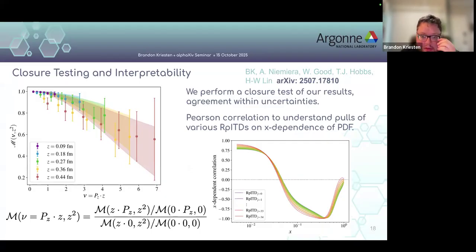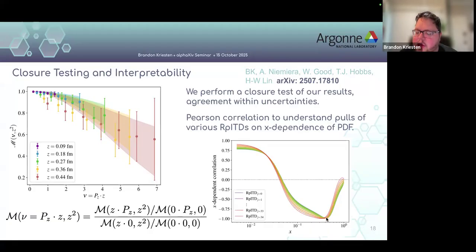Now, we also look at the Pearson correlation, which I showed you before, between the PDF and the moment. Now we're looking at the Pearson correlation between the PDF and the reduced pseudo-Ioffe time distribution. And you can see that there are relative peaks at various different regions of x, but more importantly, what's interesting is that all of the Ioffe time distributions tend to cluster.